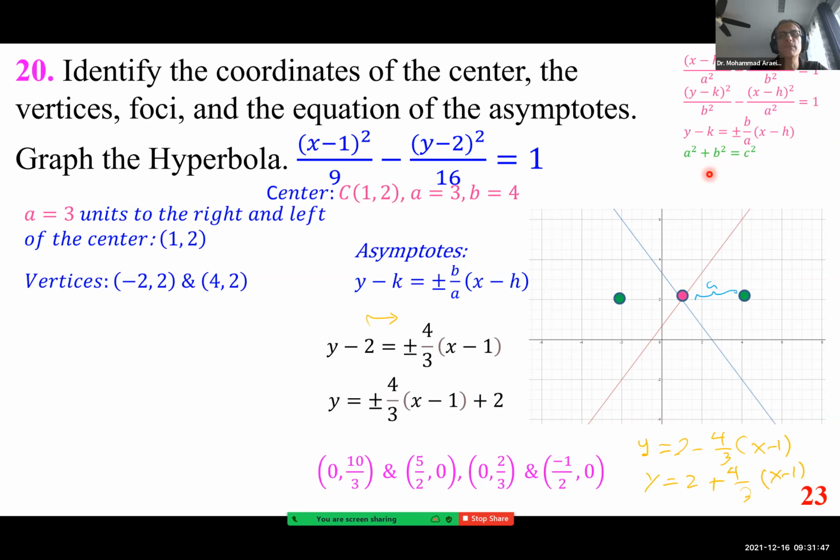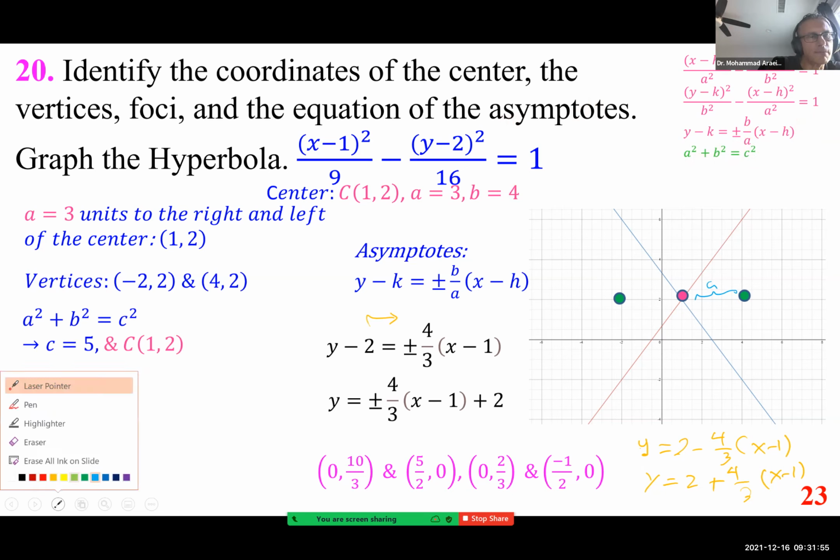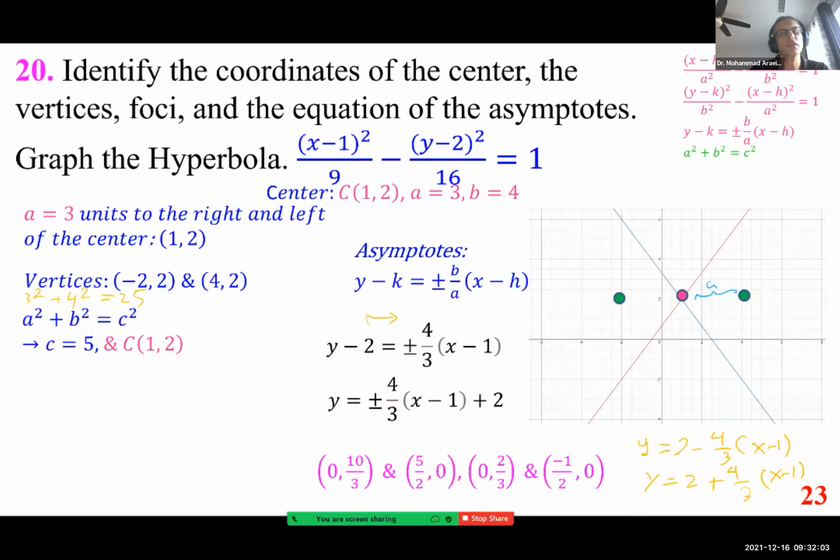C is always larger than A, larger than B. So 3 squared plus 4 squared equals c squared. And if we plug in, 9 and 16 is 25, C becomes 5, and the center is at 1, 2. The center hasn't changed, right?